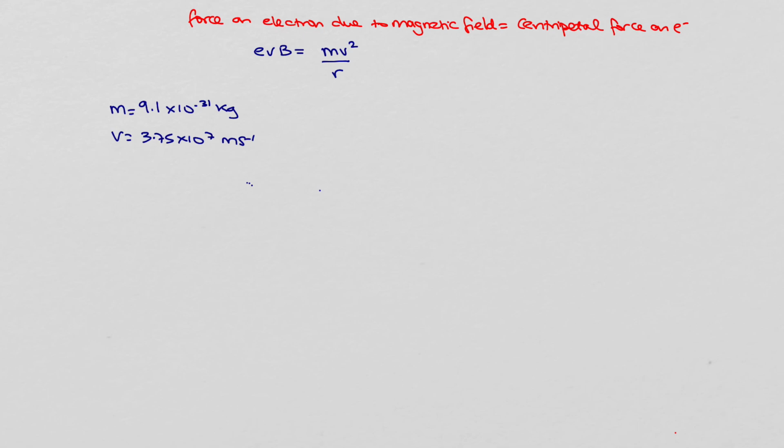And then we know what our EVB is. So if I rearrange that equation, we want R. So R is equal to mv squared divided by EVB.